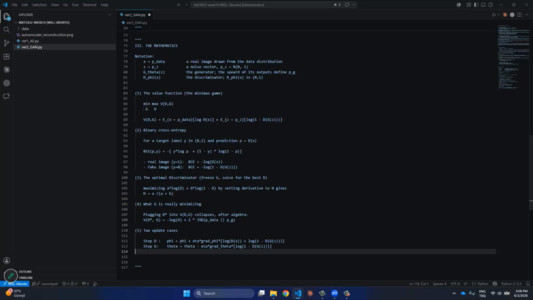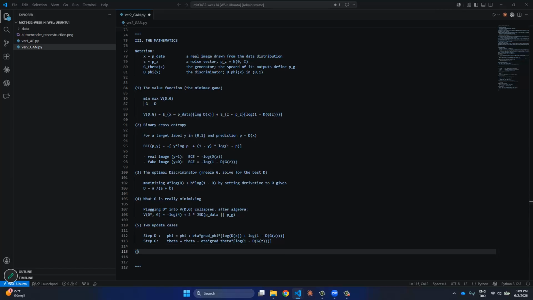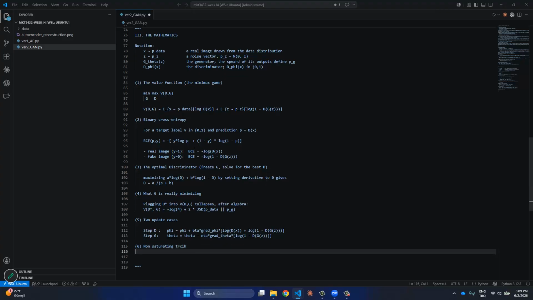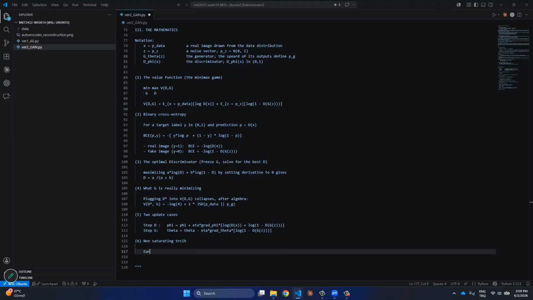We should also add one more trick to stabilize the training: the non-saturating trick. This is important because early in training the discriminator rejects fakes easily. For example, if you have a dollar, it should be green, right?